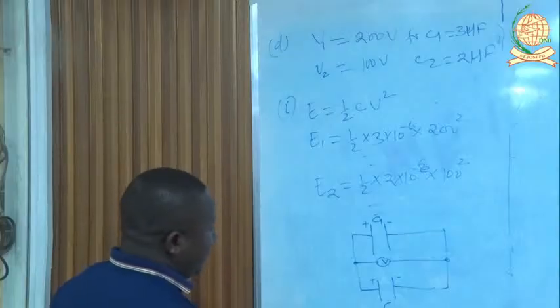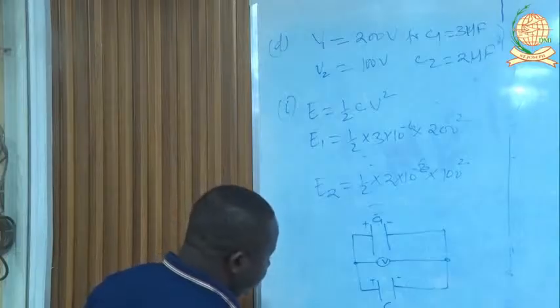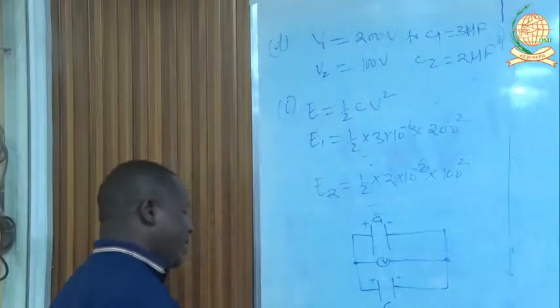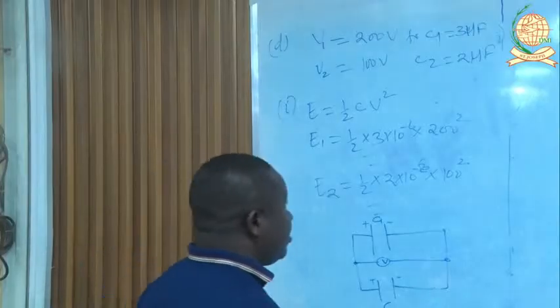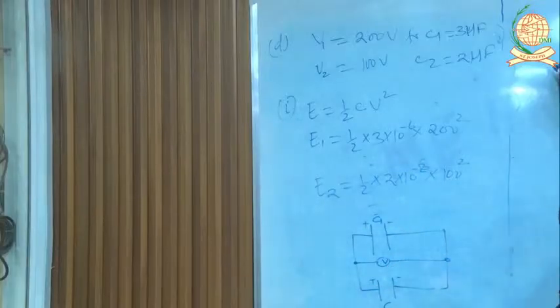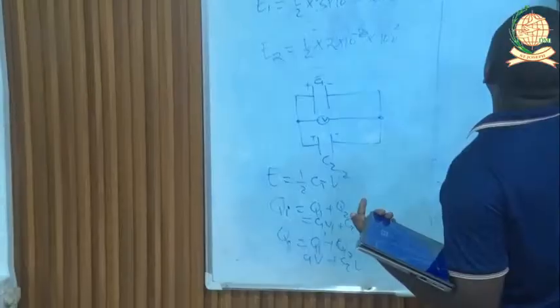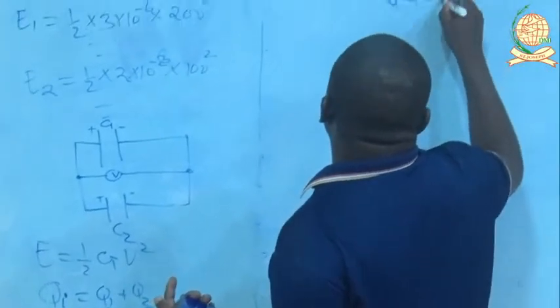This time the charge in this plate is equal to C1 times V. This is equal to C2 times V. So because charge is conserved, then the total charges are equal. That means C1 V plus C2 V is equal to C1 V1 plus C2 V2. So you can find V is equal to C1 V1 plus C2 V2 divided by C1 plus C2.